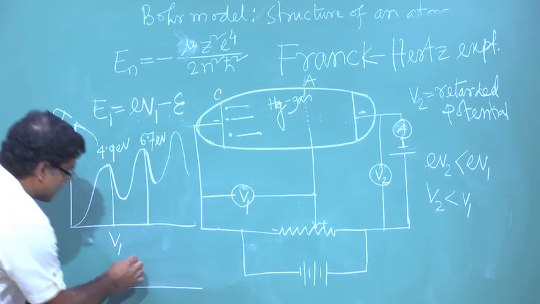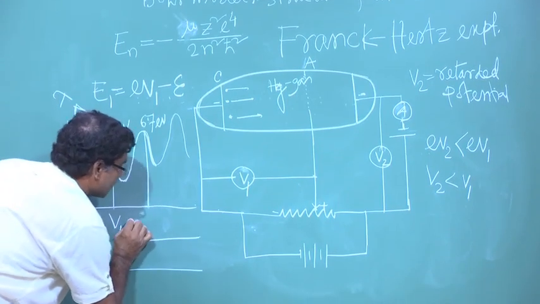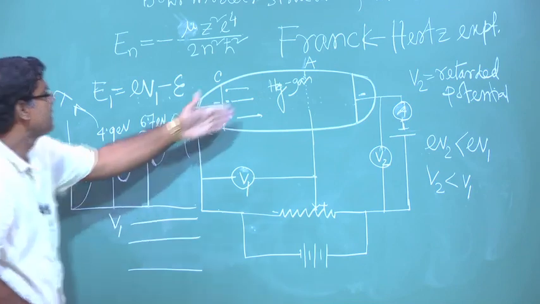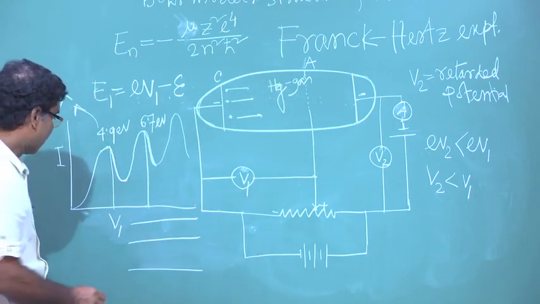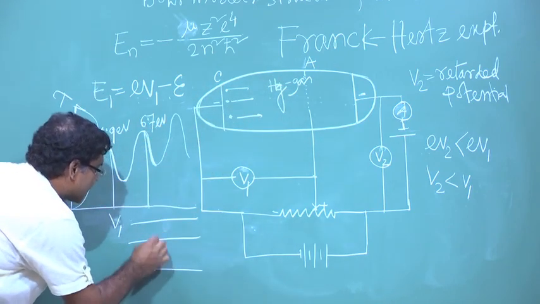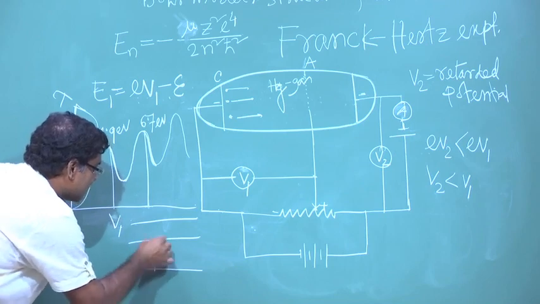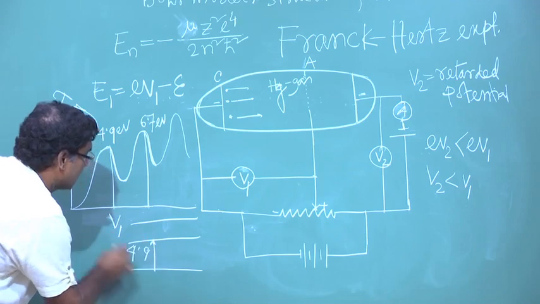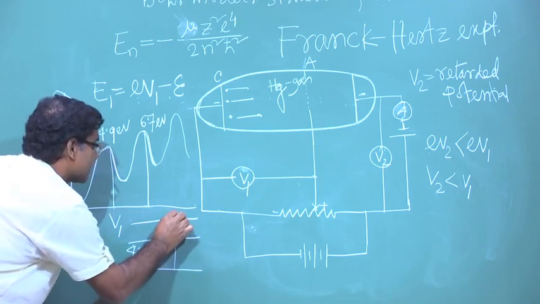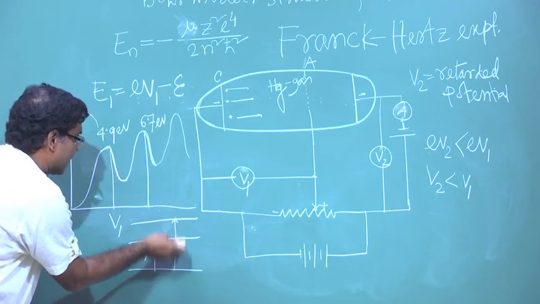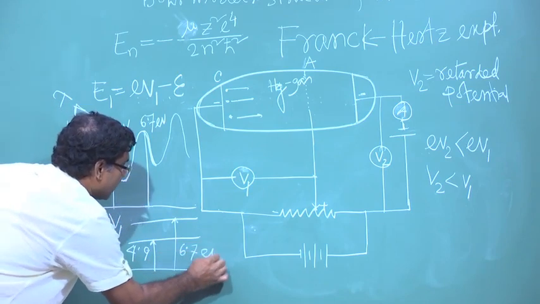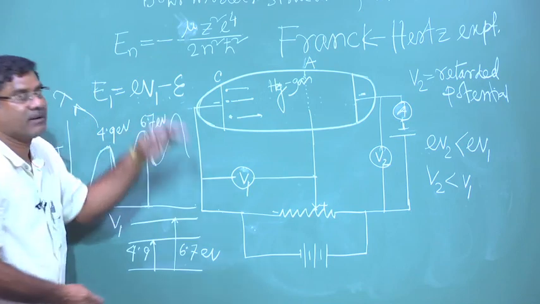From this experiment one can think of energy levels in the mercury atom, with separations of 4.9 electron volt, and 6.7 with respect to the ground state. Similarly, other energy levels one can find out.